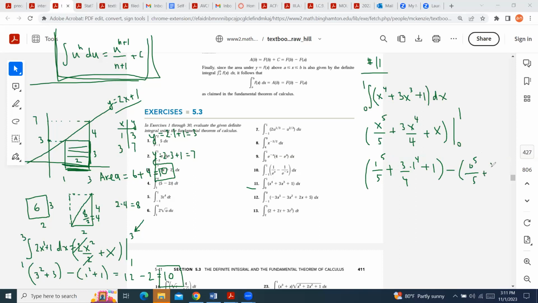So it'll be 3 times 0 and then plus 0. So it looks like what I subtract is actually a 0, right? And that's nice. And what we have here will be 1/5 plus 3/4 and plus 1.